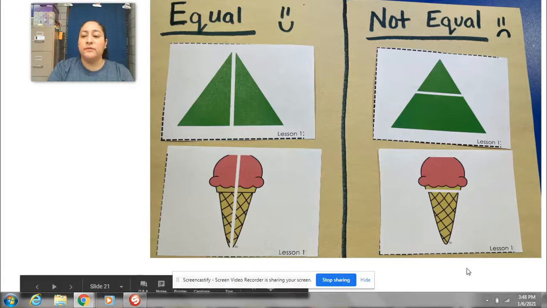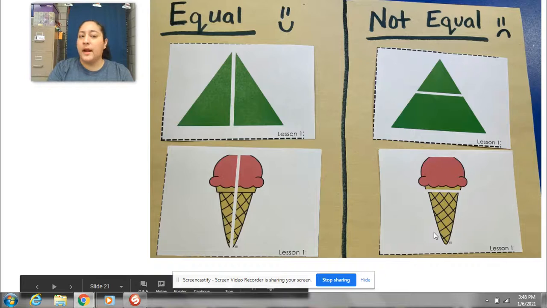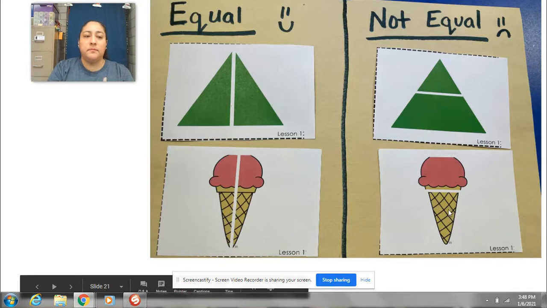But if I were to share with somebody and I cut it this way and I say, okay, I'm going to keep this part and you keep this part, that other person's not going to be happy, right? They're going to be sad because I'm taking all the ice cream and I'm just leaving them the cone. And that's not fair, right?